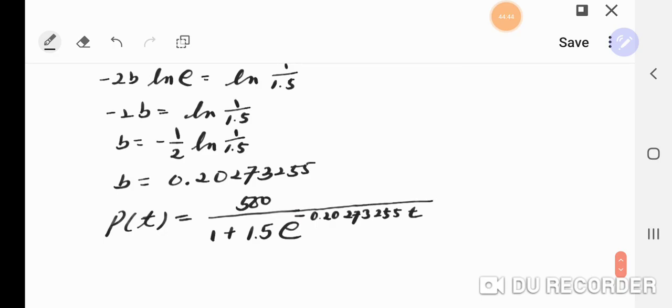So that's the logistic model for this. If any value of t is given, then you can find the population, or if a population is given, then you can find the number of years.